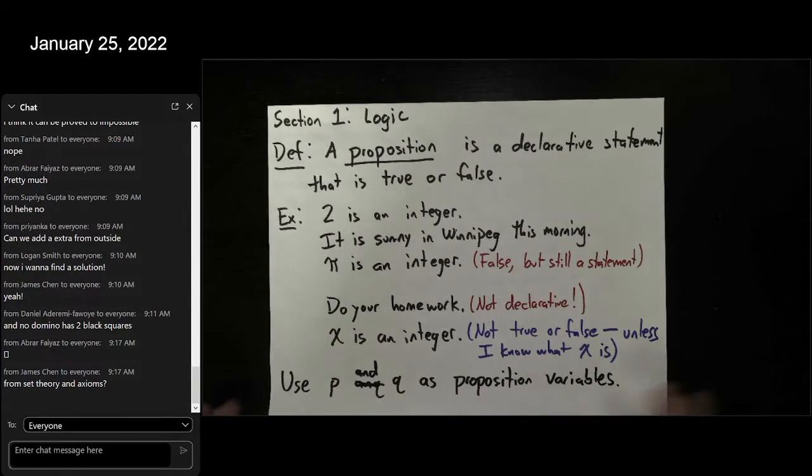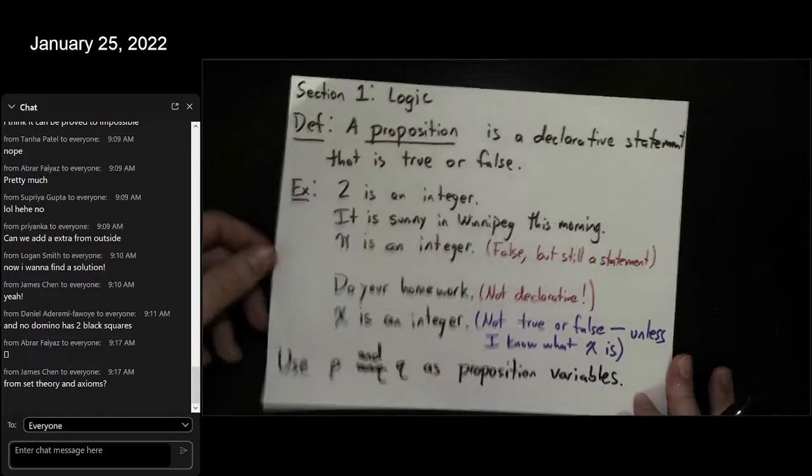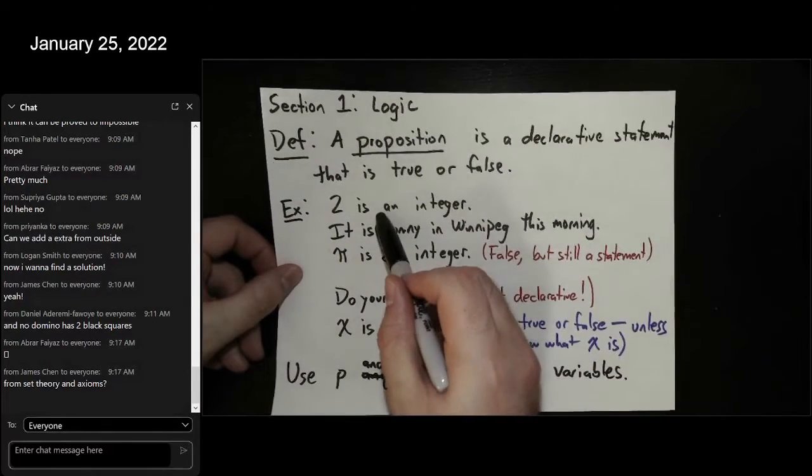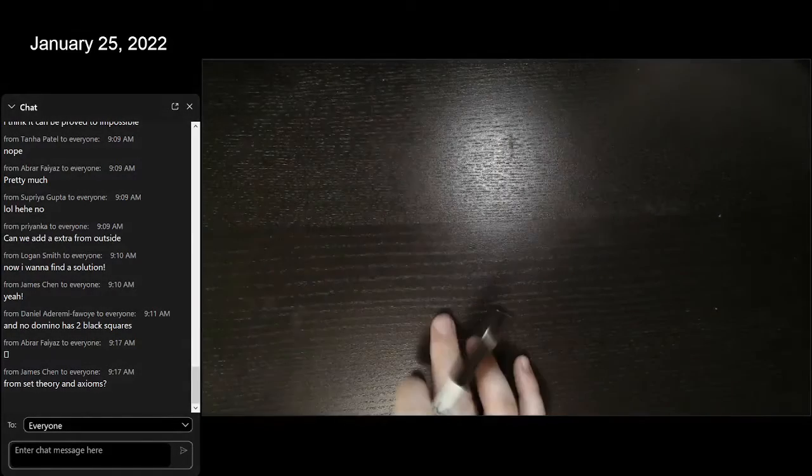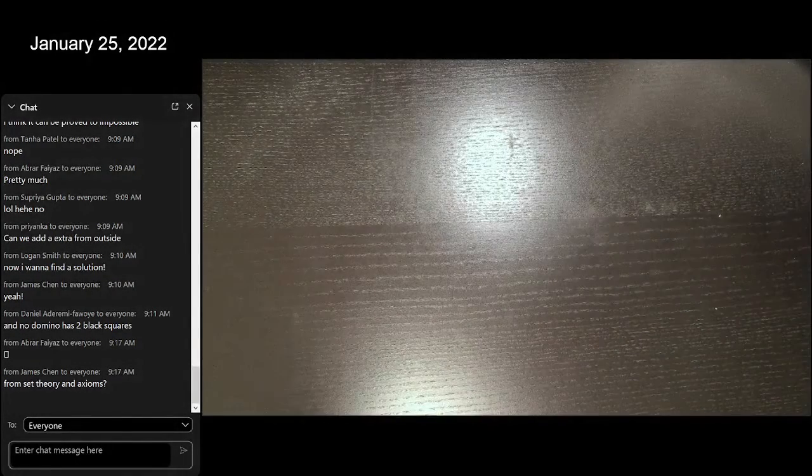So what can I do with these variables? I can't add them together. It doesn't make sense to add 2 is an integer plus it is sunny in Winnipeg this morning. But I still have things I can do with them.